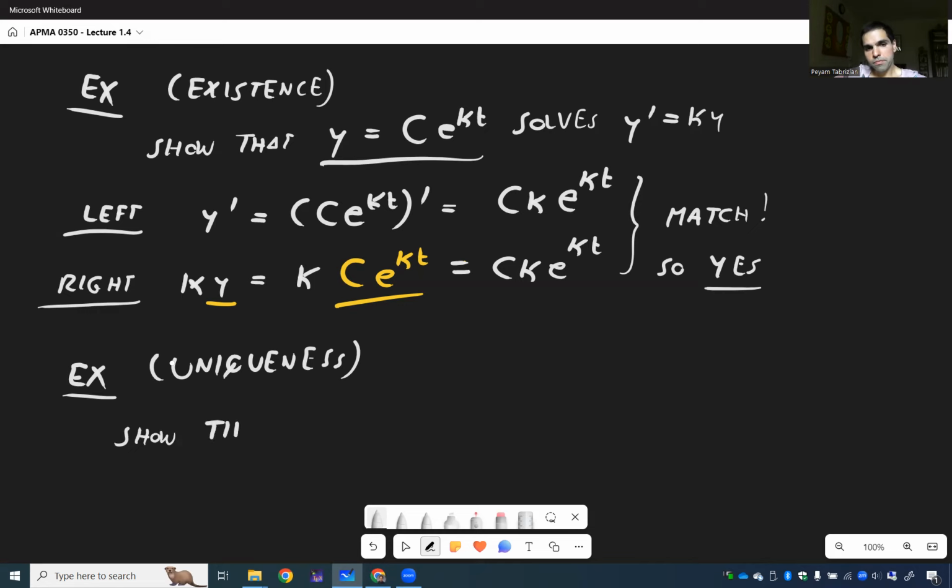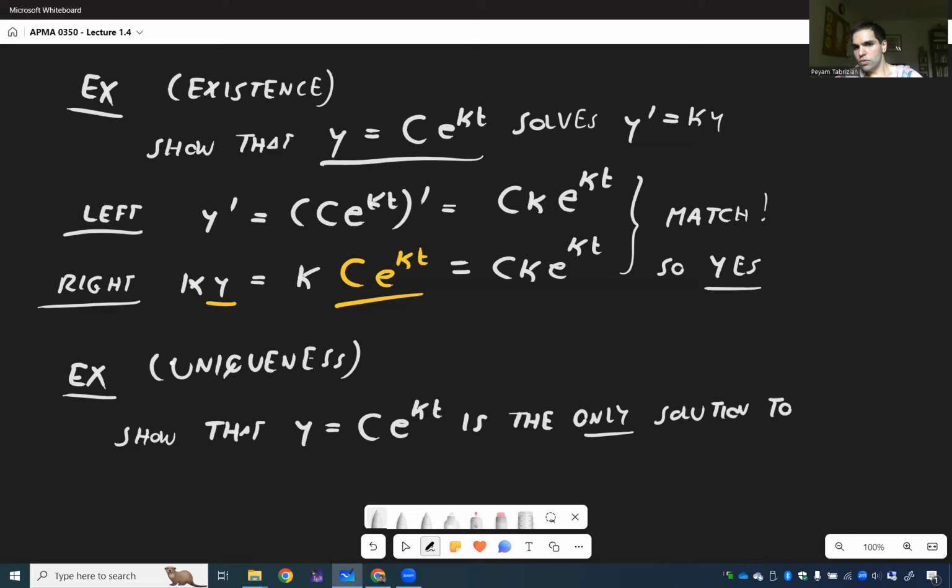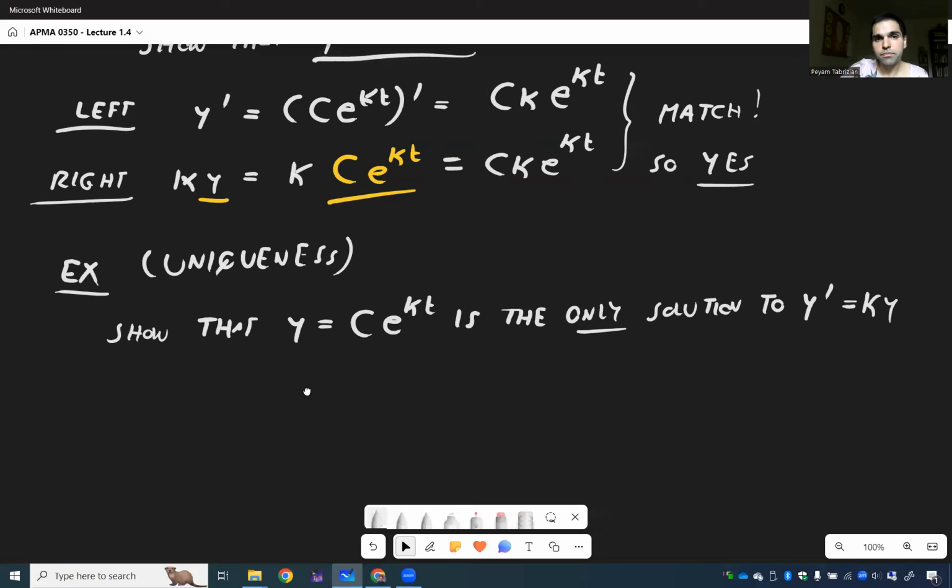Show that y equals ce to the kt is the only solution to y prime equals ky. In other words, if your friend finds a solution to this equation, then that friend should also find ce to the kt. There are no other solutions to this.